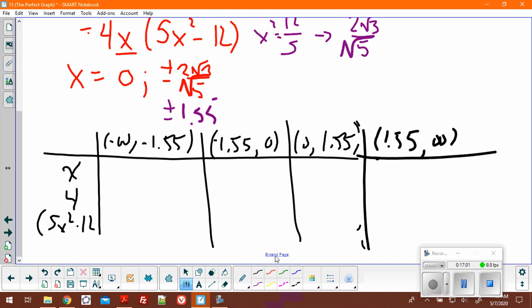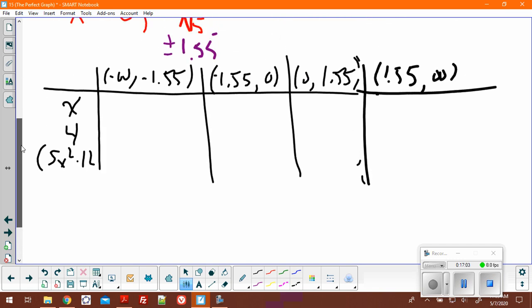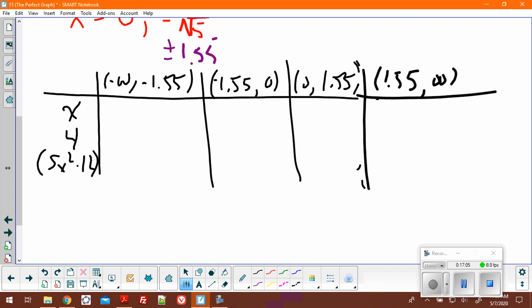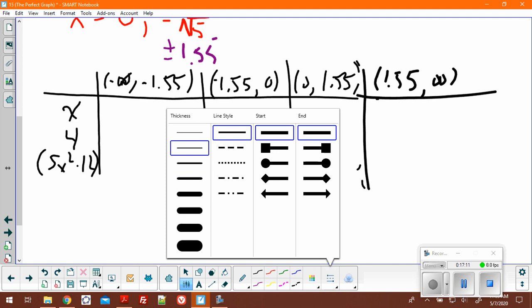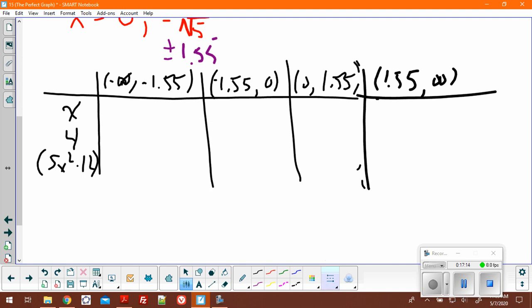So in terms of my intervals here, x is going to be negative, negative, positive, positive. The 4 is always positive. And this is going to go positive, negative, negative, positive.